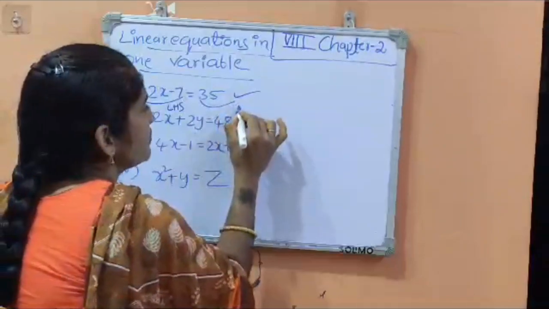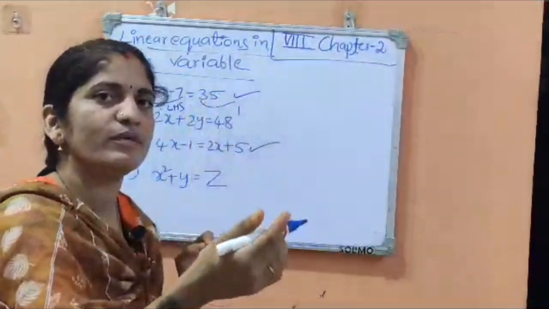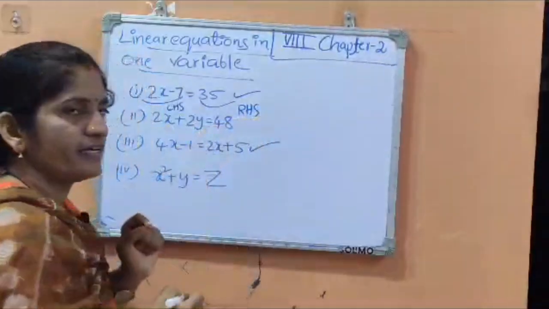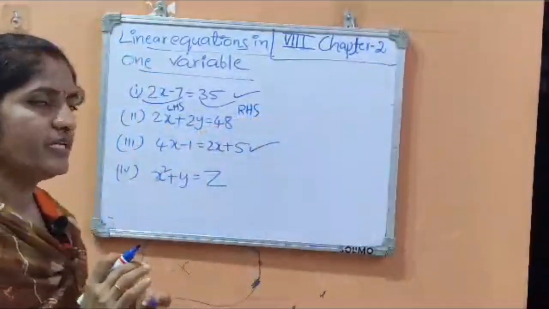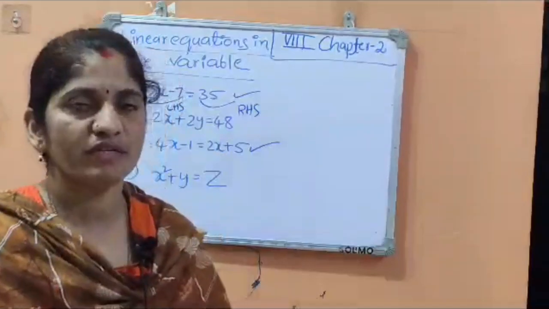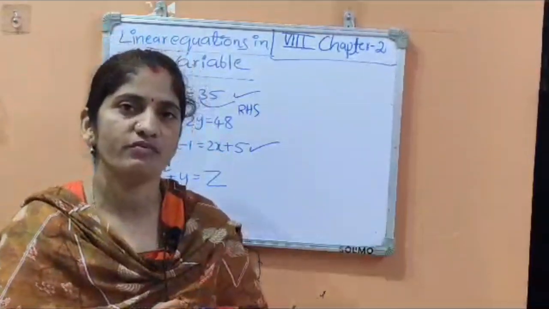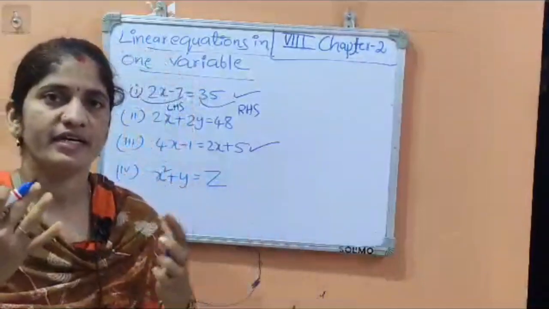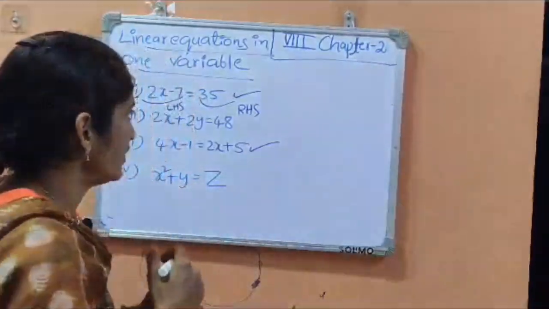The right side expression is called the RHS, right hand side. This is very important. In this chapter we are going to find the value of the variable using different techniques and different methods.